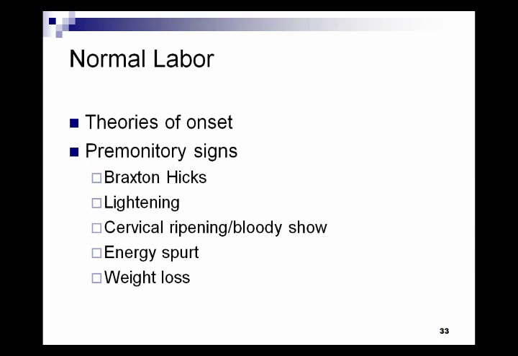If we have a cervical ripening or bloody show, as full term nears, the cervix softens because of the effects of the hormones, and the ripening allows the cervix to yield more easily to the forces of labor contractions. As the fetus head descends with lightning, it puts pressure on the cervix, starting effacement and dilation. She may have a bloody show, which is a mixture of the thick mucus and pink or dark brown blood.